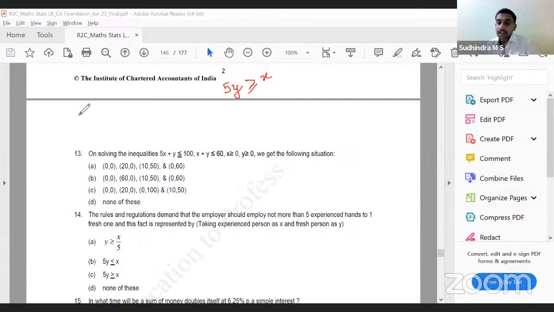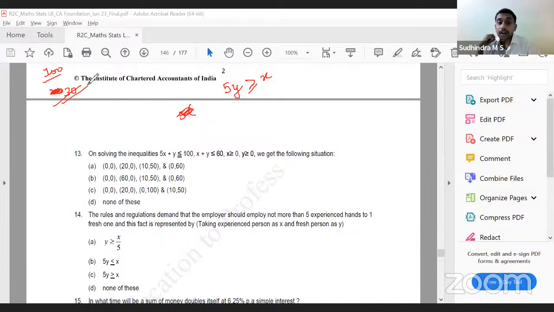I'll explain this. See, let us say the experienced were 100, fresh ones were 20. Does it satisfy the condition? Yes. 5 for 1. Correct. Now, instead of this, if I had 30 fresh hands. So 5 times, now, does it satisfy the condition? No, sir.